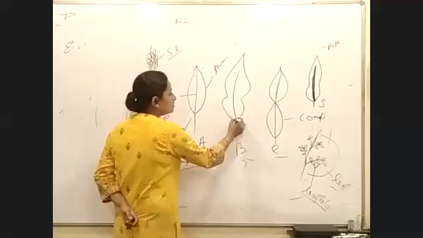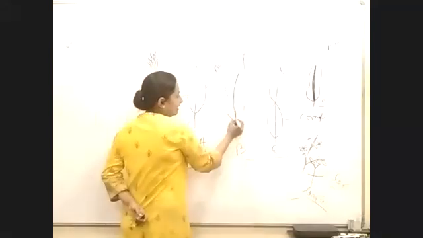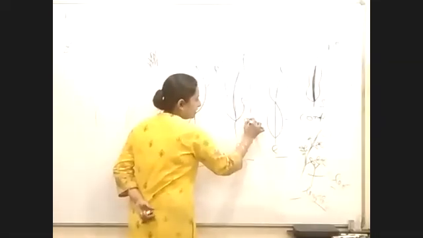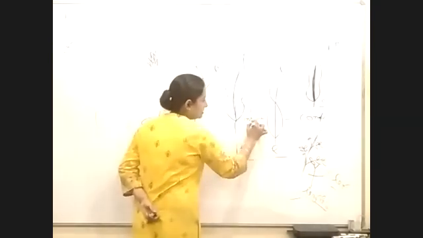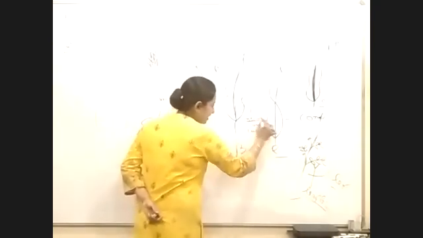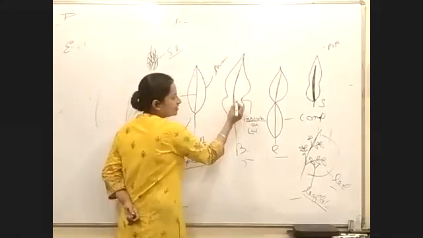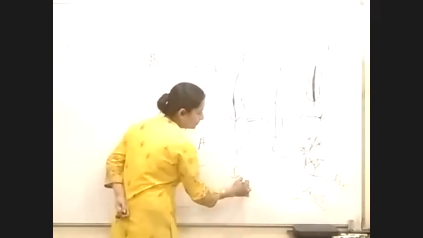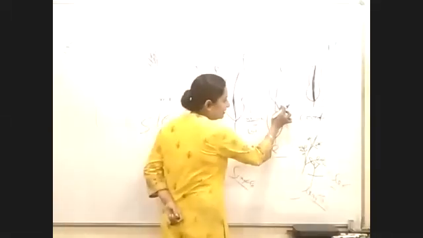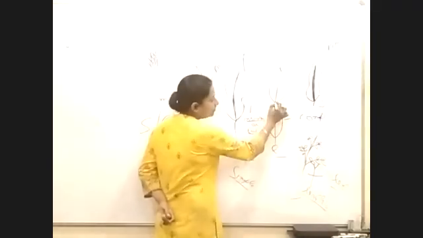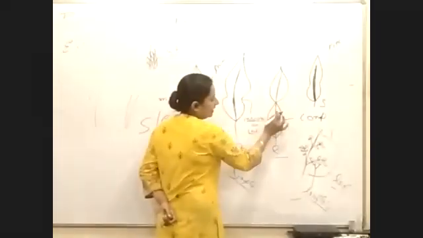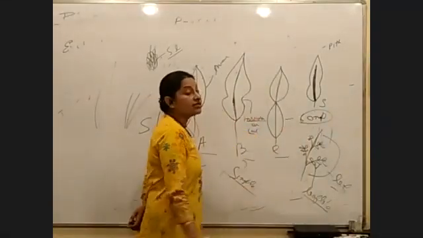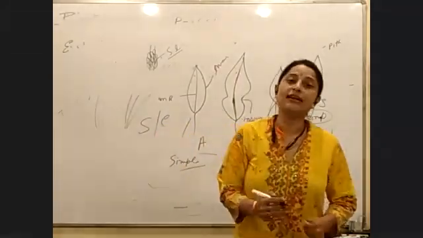In this case also this is the midrib. Here the leaf is a little incised. You see an incision or cut, but this incision has not touched the midrib, so this is also an example of simple leaf. When the margin of the leaf touches the midrib, then it gets divided into two parts and then it is called as a compound leaf. So this is the basic concept of a simple and a compound leaf.